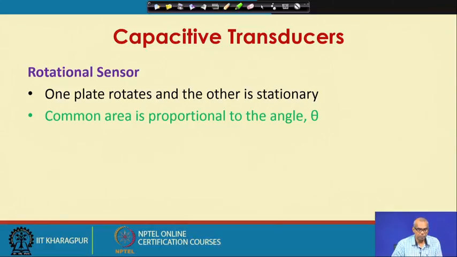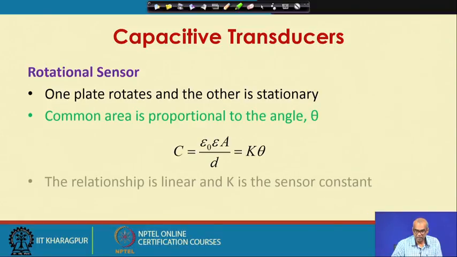Rotational sensor: one plate rotates and the other is stationary. Common area is proportional to the angle theta. So, capacitance is proportional to angle theta. The relationship is linear and K is the sensor constant, and K is the combination of these other parameters.